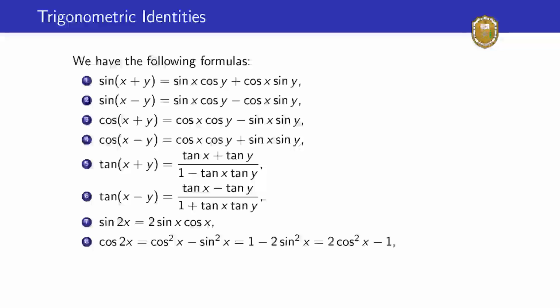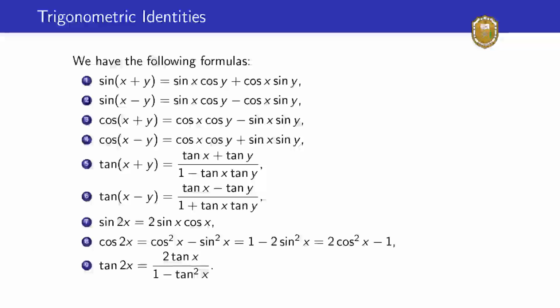And then that leads to another expression for the double angle formula, and that will be 2 cos² x - 1. So the double angle formula for cosine is cos 2x is equal to 1 - 2 sin² x, and that can also be written as 2 cos² x - 1.